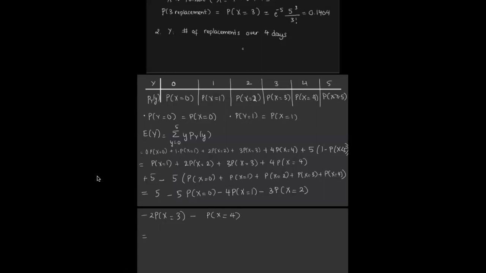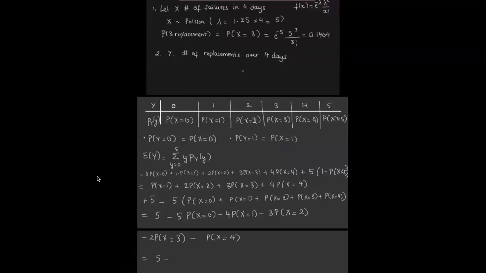And then x is just a Poisson random variable. So we use the formula here to calculate probability x equal to some specific value. So we see that all of them have a common e to the power of negative lambda, which is e to the power of -5.